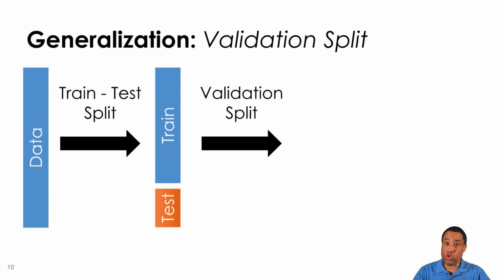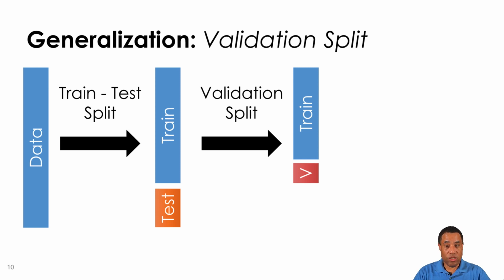So we're going to take our training data and split it into a validation data set, that's here in red with the V, and a training data set, right? So maybe we set aside 20% of our training data, again, completely separate from our test data. We set aside 20% of our training data as a validation set. Now we train our model using the training data, and then we can see how well we did in training using the validation data set and use that to actually adjust the parameters of our model.